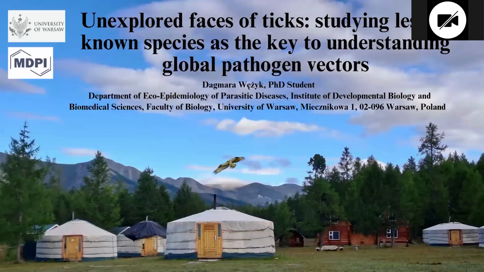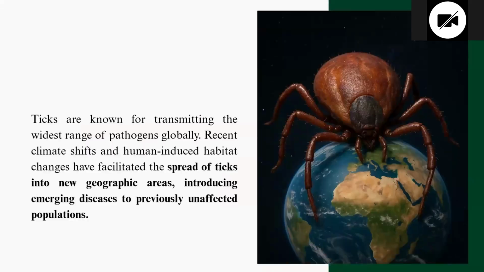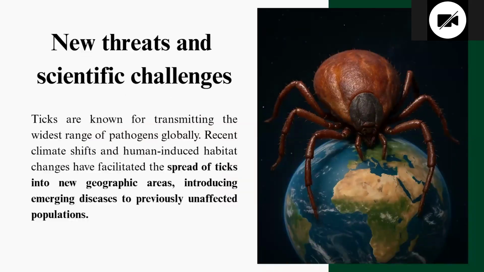And today I will be talking about my PhD project, which is about lesser known tick species around the world. So as we all know, ticks transmit the widest range of pathogens globally, and recent climate shifts and human-induced habitat changes have facilitated the spread of ticks into new geographic areas, introducing emerging diseases to previously unaffected populations.